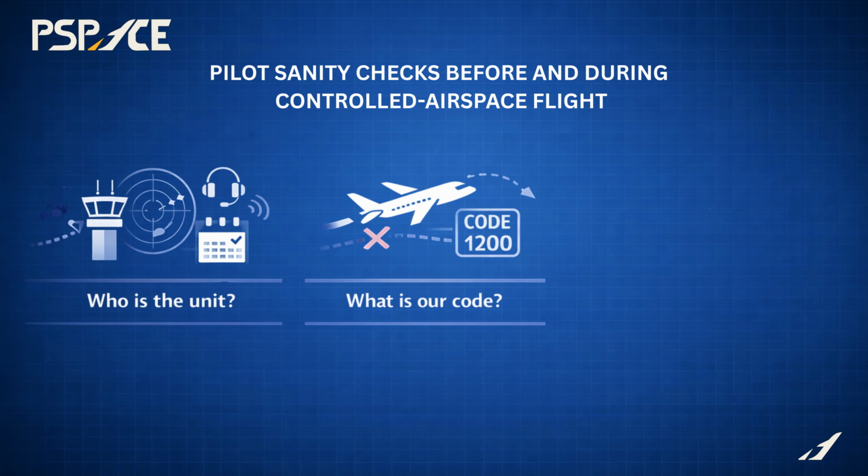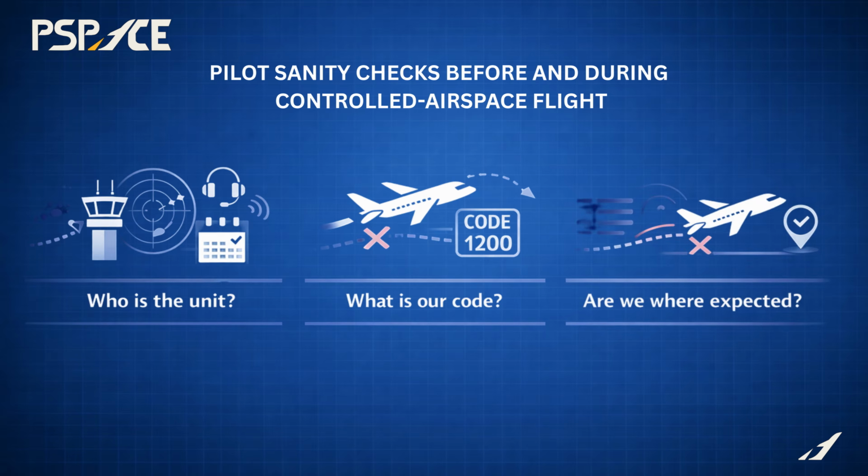Is communication active and correctly managed? Is the SSR presentation being operated in the way ATS expects? Are we remaining on the assigned track and at the assigned level? If not, has the appropriate ATS unit been informed promptly and clearly?